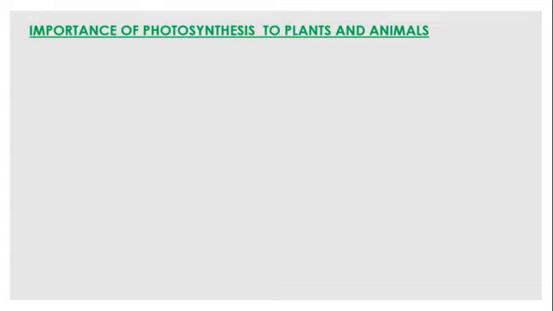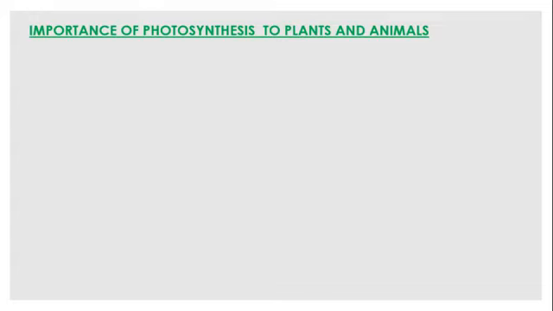All right, now let's take the oxygen, which is released as a byproduct of photosynthesis. Is oxygen really important to both plants and animals? Yes. And which process makes use of oxygen by both plants and animals? You are right, it's respiration.